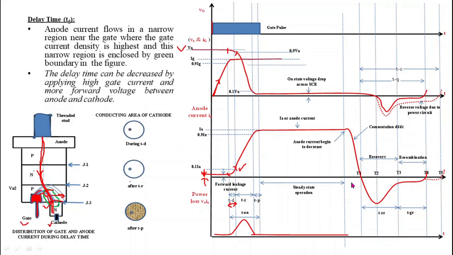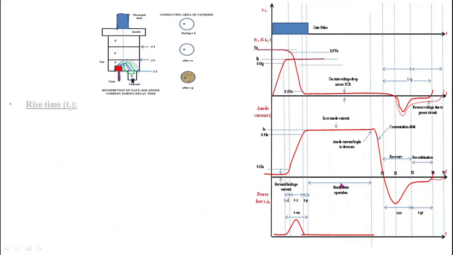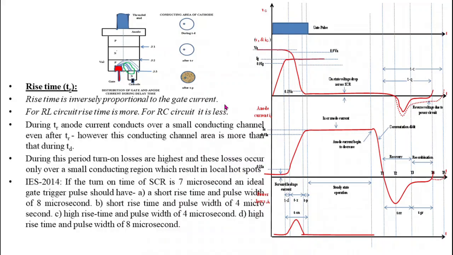Now we will see rise time TR. This time is rise time TR. During this rise time TR, anode current rises from 0.1 IA to 0.9 IA and anode voltage falls from 0.9 VA to 0.1 VA.